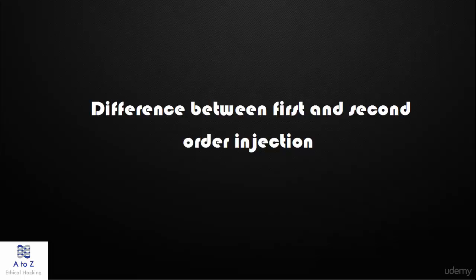The attacker submits a second, different request. To handle the second request, the application retrieves the stored input and processes it, causing the attacker's injected SQL query to execute. So that's how second order injection works, or you can call it the mechanism of second order injection.